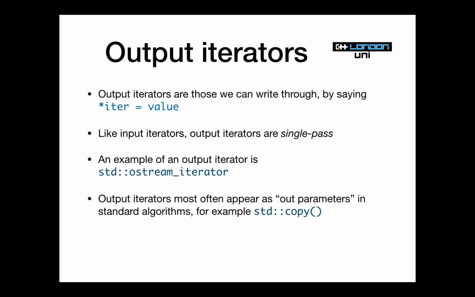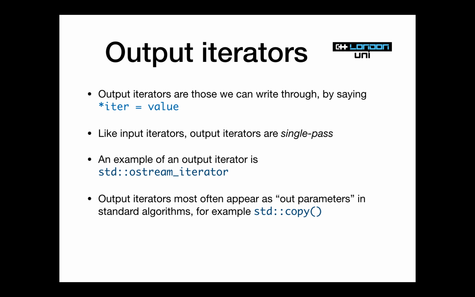So output iterators, most often they turn up as what we call out parameters, if you like, in standard algorithms. So std::copy copies from one sequence to another.